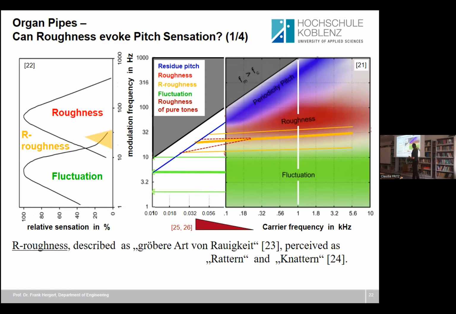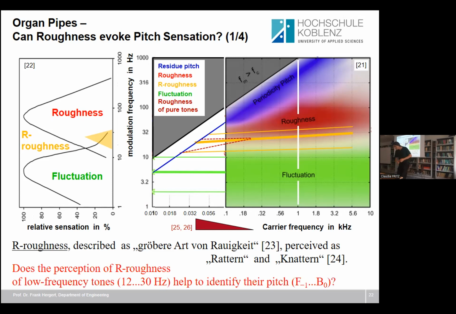The left diagram refers to 1000 hertz. If we go very low, I have extended the region. There are no measured data. I have extended what is known. Then we somewhere hit the blue line. And the intersection range between blue and yellow is between 12 and 30 hertz.